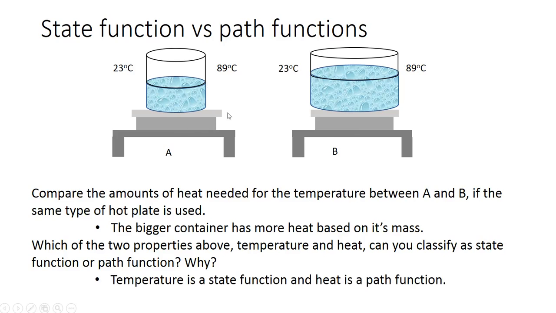The smaller container will need less heat. In this case, we can say temperature is a state function and heat is a path function. We have used different amounts of heat here, but the change in temperature is the same. The different amounts of heat that we have used are the path to give us that change in temperature. But the change in temperature itself is a state function.